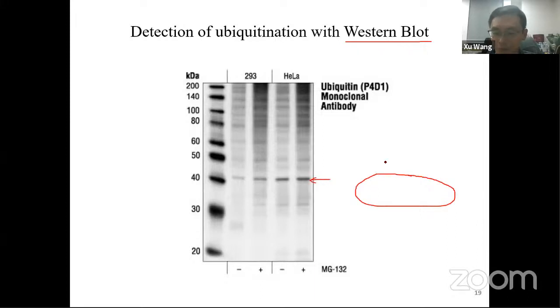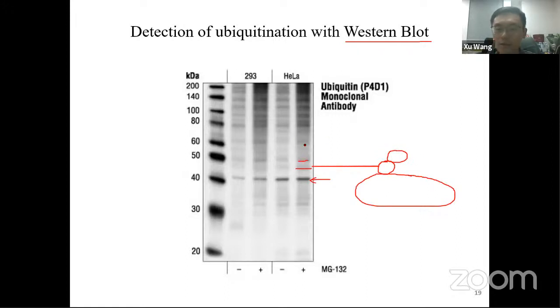But because ubiquitin is a small protein of 7.6 kilodalton, if one ubiquitin is attached to the protein, then the molecular weight of this protein will increase by 7.6 kilodalton, and it will generate another band. If another ubiquitin is attached, the molecular weight increases again.